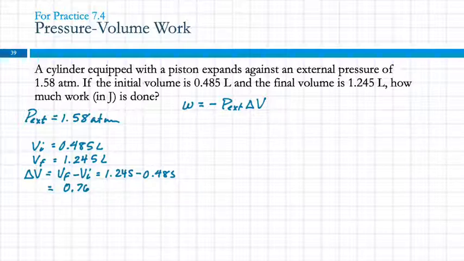But if I'm paying attention to my significant figures, which I should always try to do, when I'm subtracting here, this number has 3 decimal places and this number has 3 decimal places. And so the answer should have 3 decimal places, and it only has 2. So I need to add a 0, because that was 5 minus 5 in that 3rd decimal place. It's not unknown. It's uncertain, but it's not unknown. So 0.760.